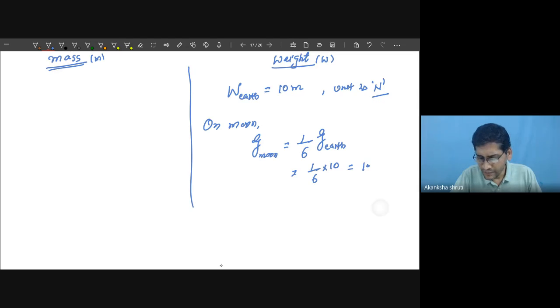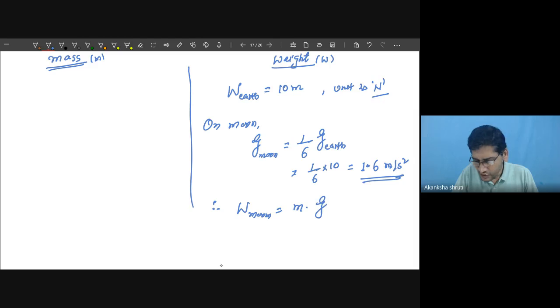It was 1.6 approximately meter per second square. Therefore, for the same mass m, the weight on moon is how much? So it will be our mass into acceleration due to gravity at moon we need to consider.